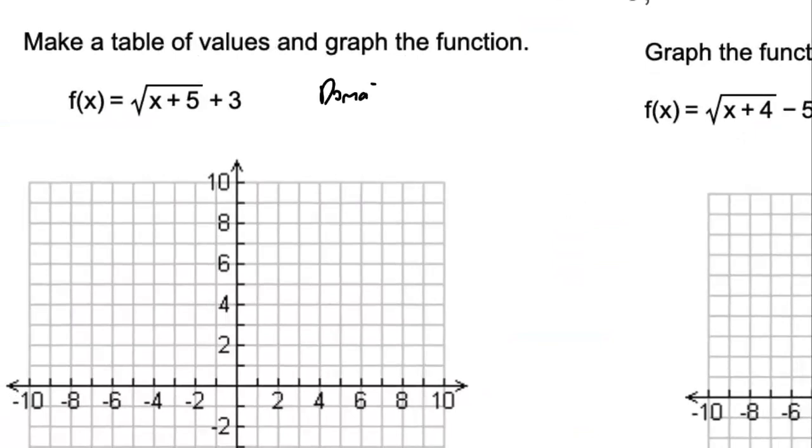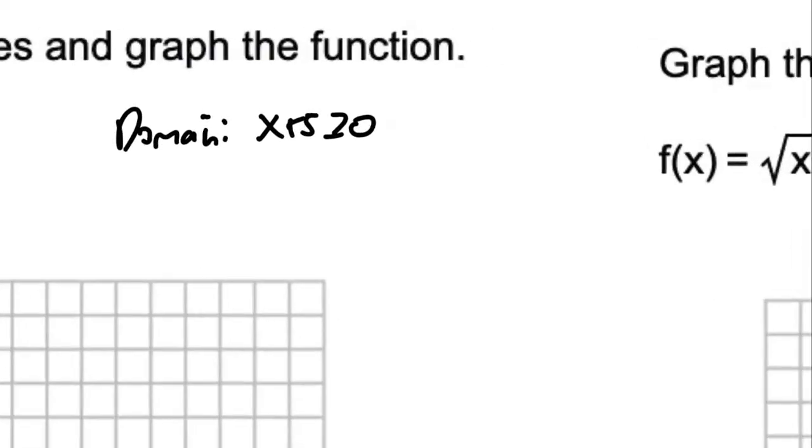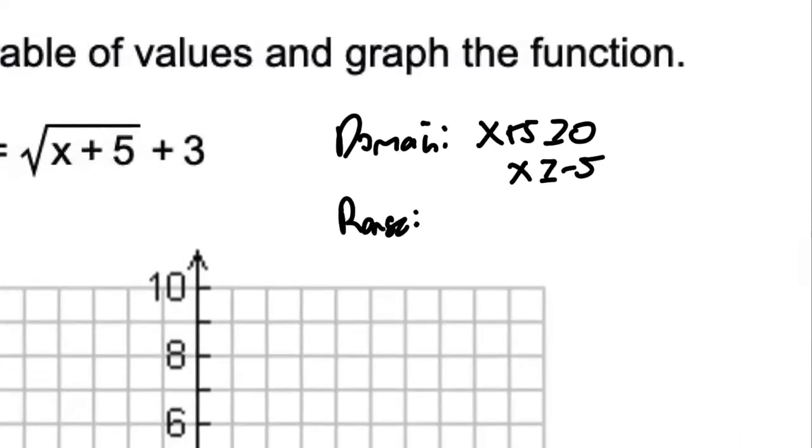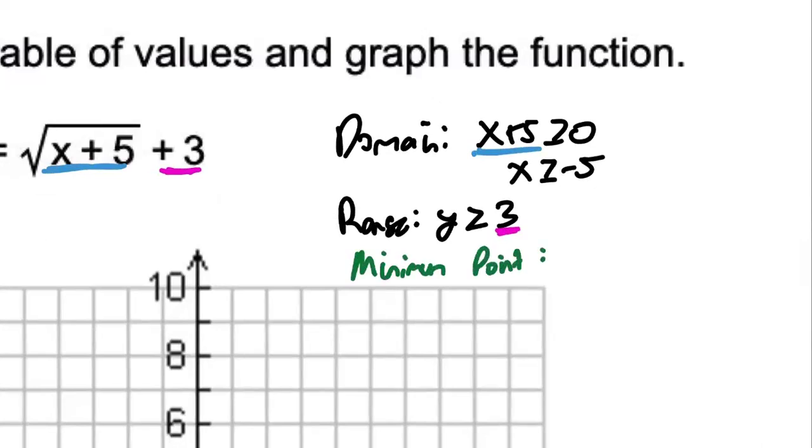So the domain, x plus 5 greater than or equal to 0, solve for x. x greater than or equal to -5. My range is y is greater than or equal to 3, right? Because it's just this number outside. And then my domain is whatever is inside the radical, set equal to 0, which gives me the minimum point. -5, 3.